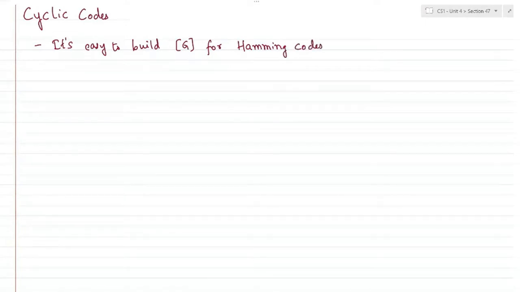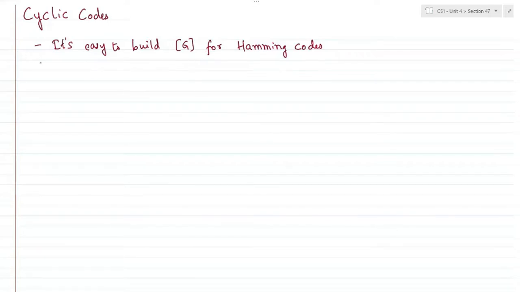But as you try to detect and correct a larger number of error bits in the received code, the procedure for generating the generator matrix becomes a little complex. So it's not so easy to construct higher order error correcting codes, in other words.